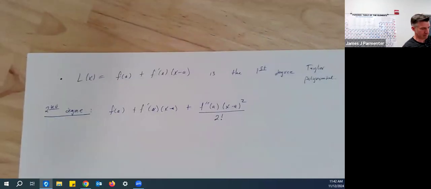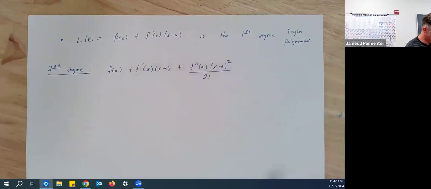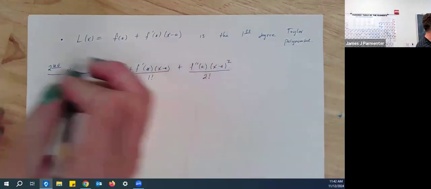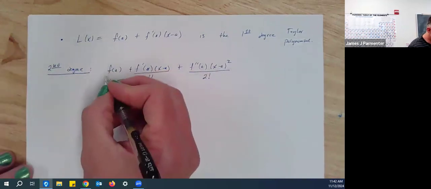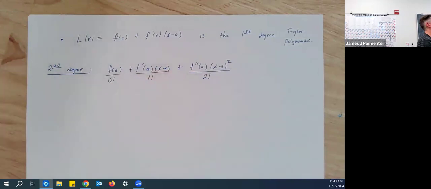We didn't write it over here, but technically we are dividing this by 1 factorial, but 1 factorial is equal to 1, so we don't write it. And technically we are also dividing this by 0 factorial, and yes, annoyingly, 0 factorial is also equal to 1. Actually, not annoyingly, very usefully.